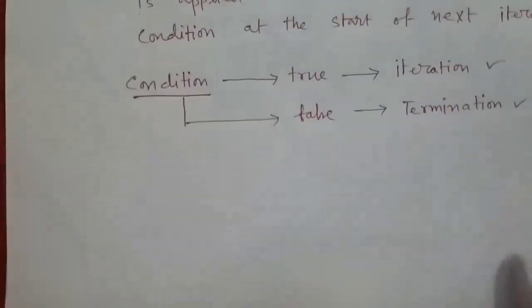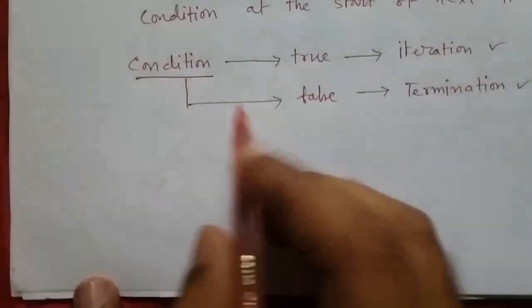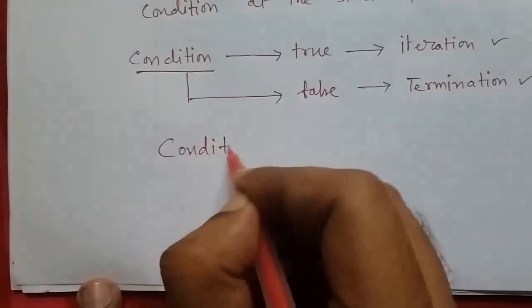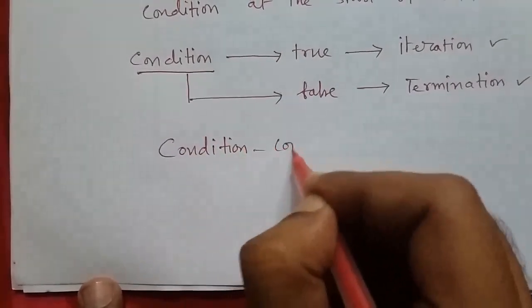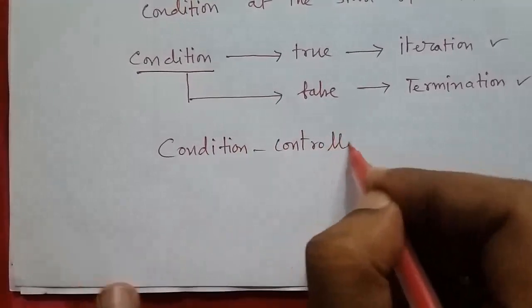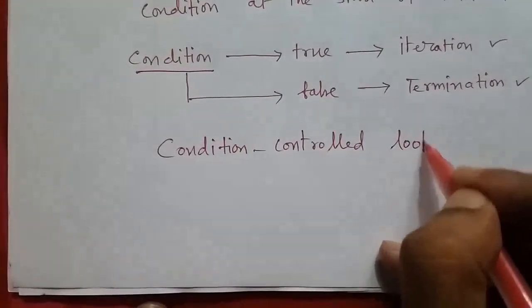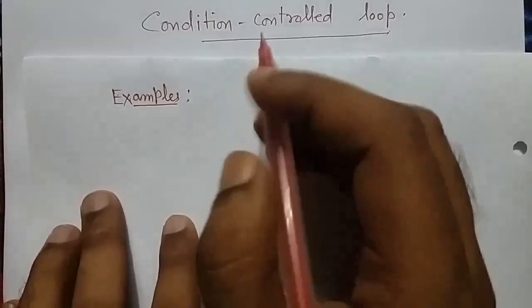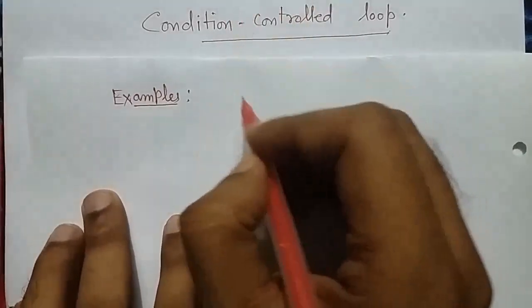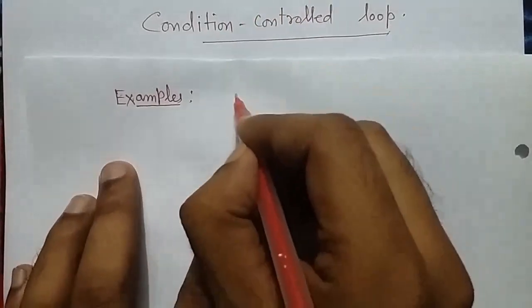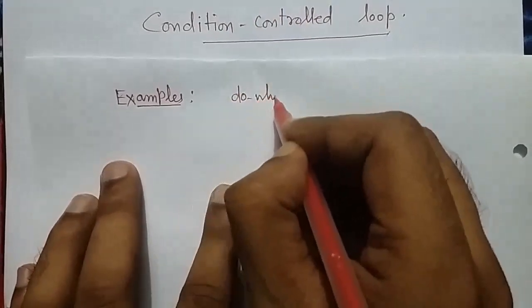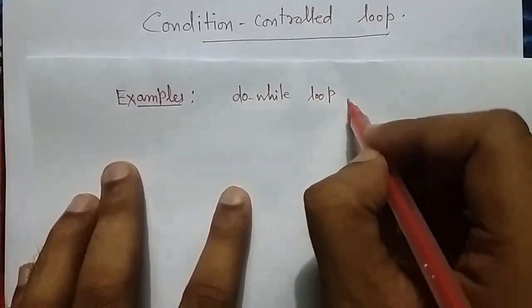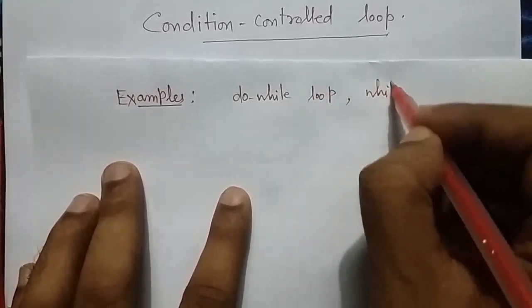That's why this type of loops are also termed as condition controlled loop. So examples of unfixed loop are do while loop and while loop.